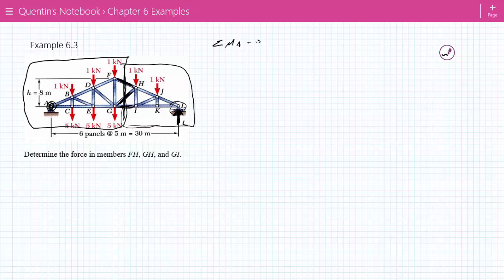So what do we have? Each one of these segments is 5. So 1 times 5 plus 5 times 5, that's adding this force and this force. Now I'm just going to add them all up in one. It's the same thing, but plus 6 times 10 plus 6 times 15.